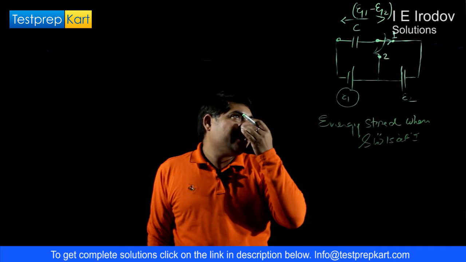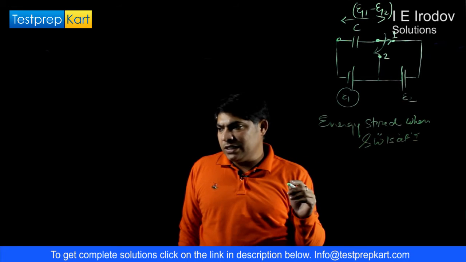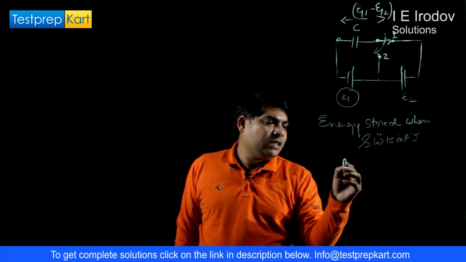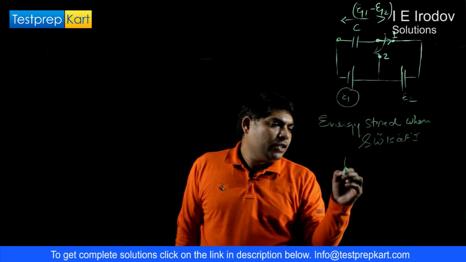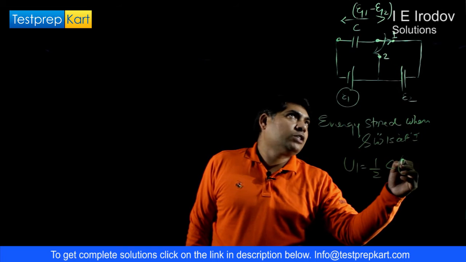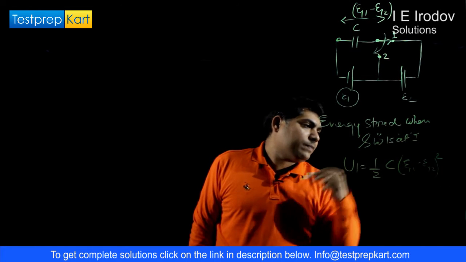The potential difference is E1 minus E2 and capacitance is C. So this energy is stored by the capacitor: U1 is equal to half CV square, that is half C (E1 minus E2) whole square.